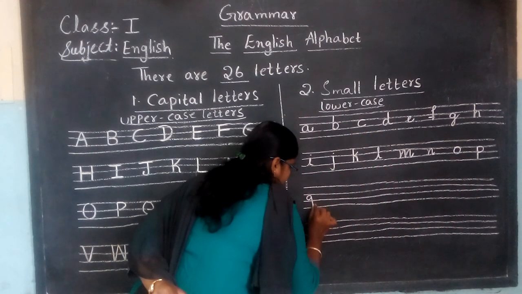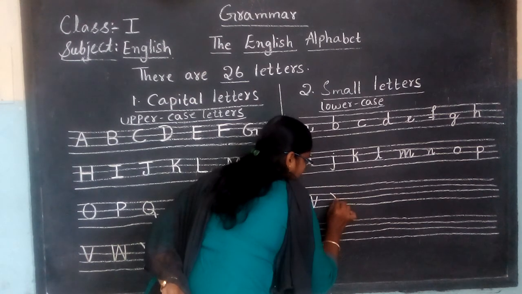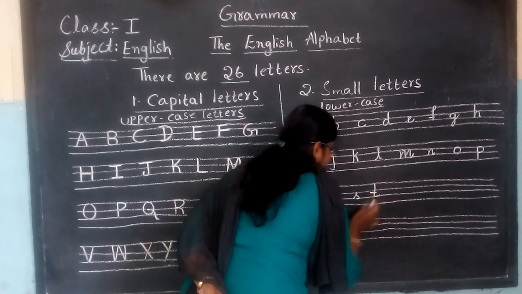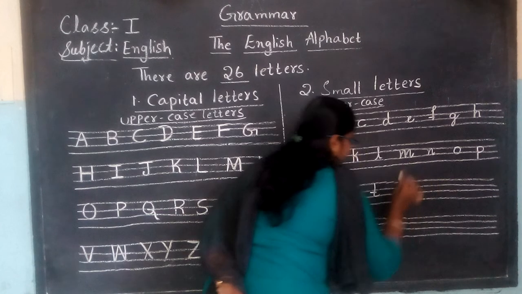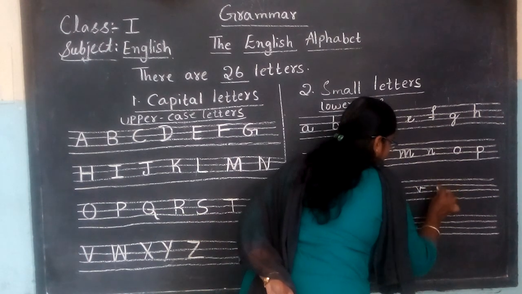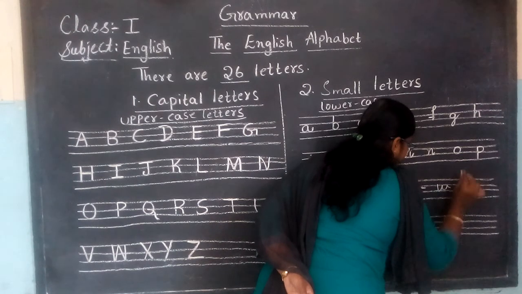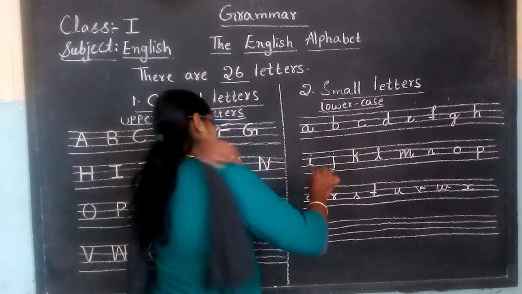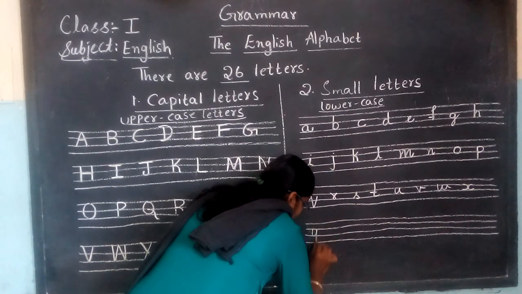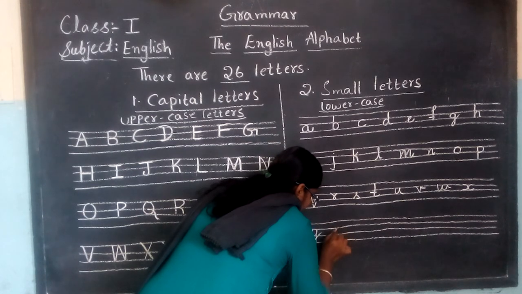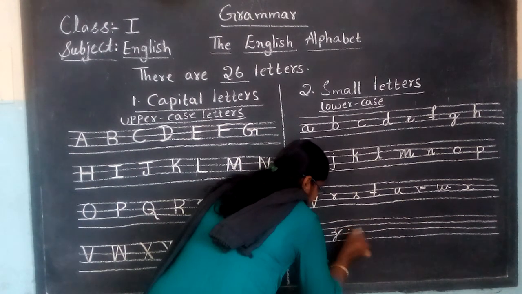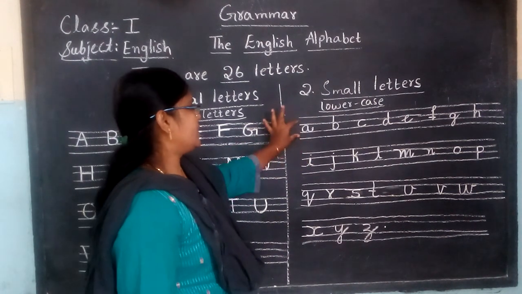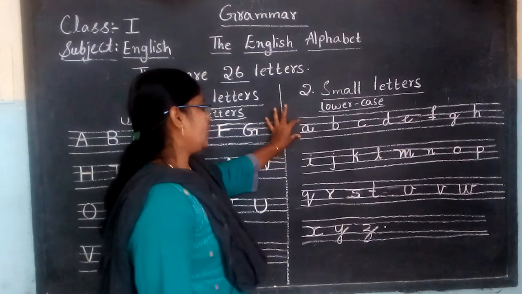Q should also be down. R, S, T, U, V, W, X, Y, Z. See your one. So children, these are the small letters that we write in 2 lines.